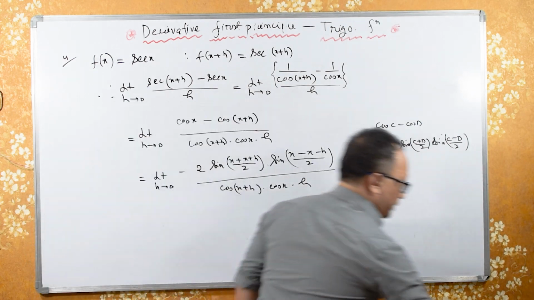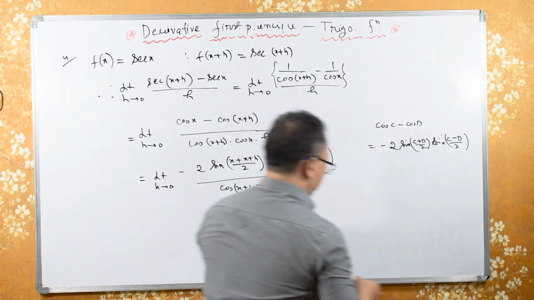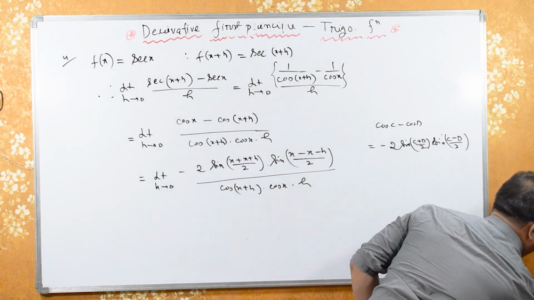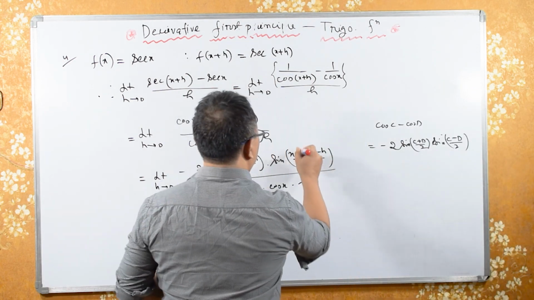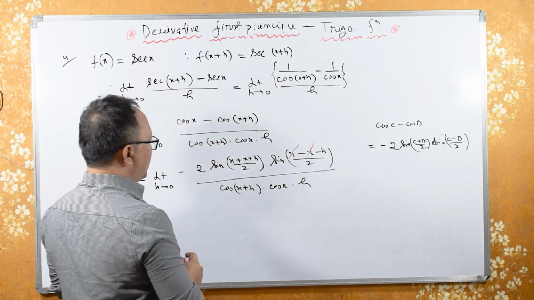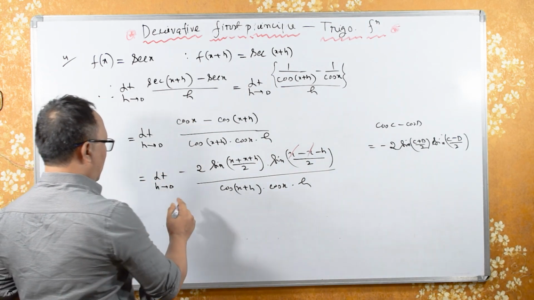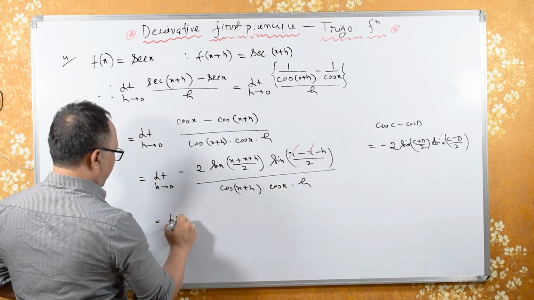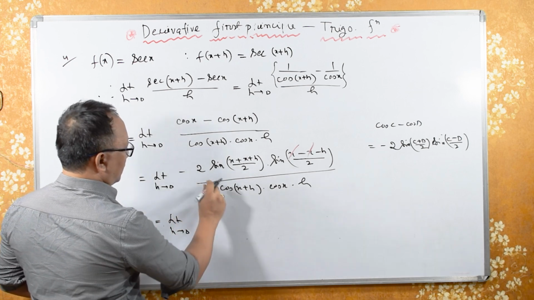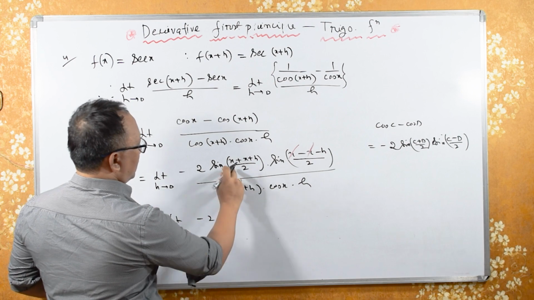Now this minus x and plus x get cancelled, and it is equal to limit of h tends to 0 of minus 2.